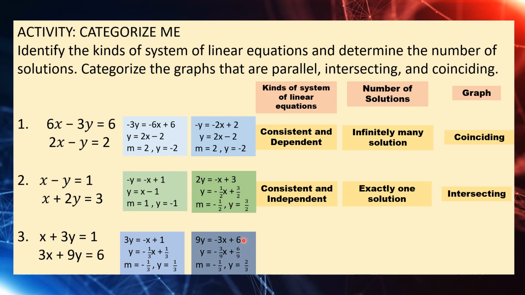Positive 6 divided by 9 is equal to 6/9. Or simplifying 3/9, it is now equal to negative 1/3. And 6/9 is 2/3. So comparing now the slopes and y-intercepts, we have now the slopes are equal, but the y-intercepts are not equal.